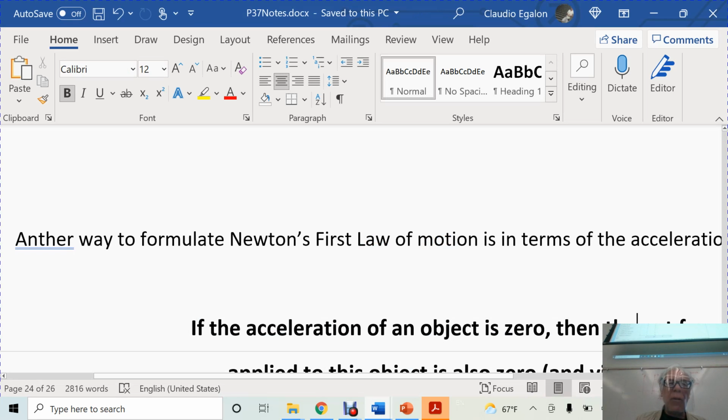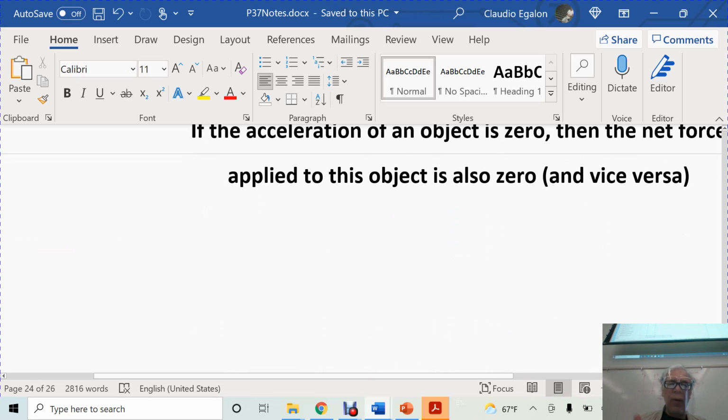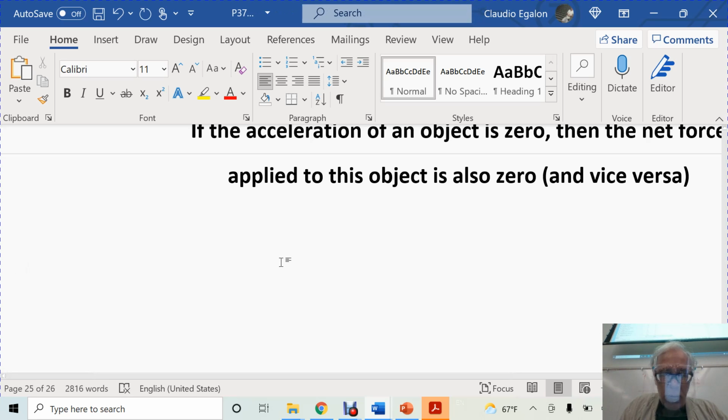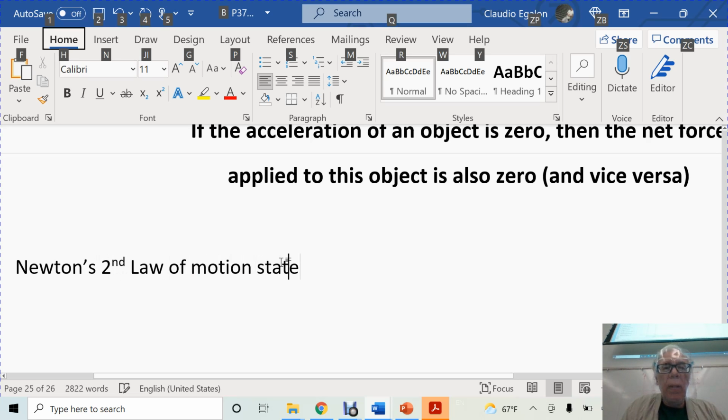But we do that because we want to honor Galileo Galilei, who studied this relation before Newton himself. He didn't quite get it right, but he took us in the right direction until Newton came to the exact formulation. Okay, here goes Newton's second law of motion. Newton's second law of motion states the following.